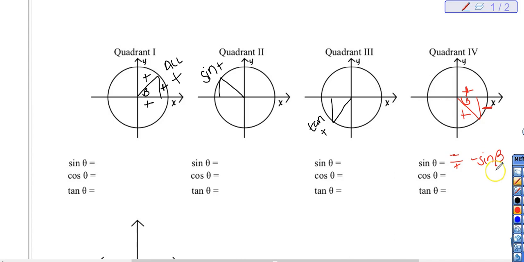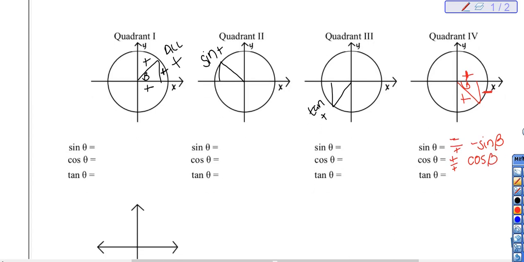Negative divided by positive is negative. Cosine, however, you had a positive adjacent and a positive hypotenuse. Positive divided by positive is a positive cosine of beta. And then your tangent, which is your opposite, which is negative, over your adjacent, which is positive, is a negative tangent beta. So that should have been what you did to finish up your notes for last night.